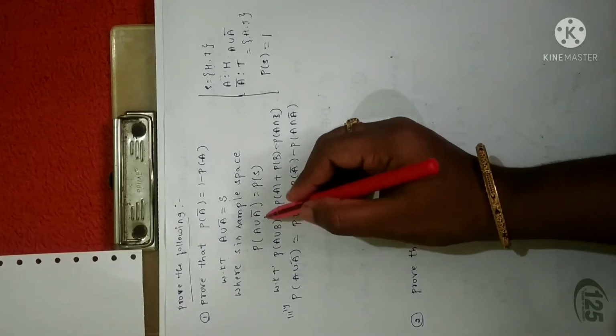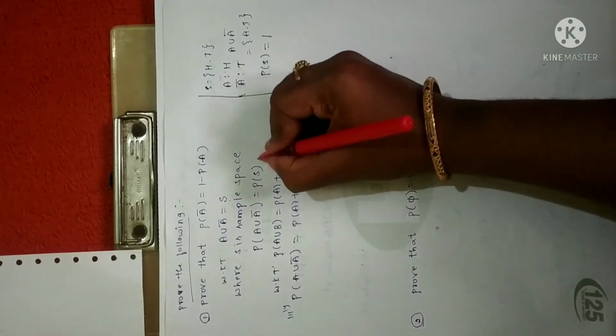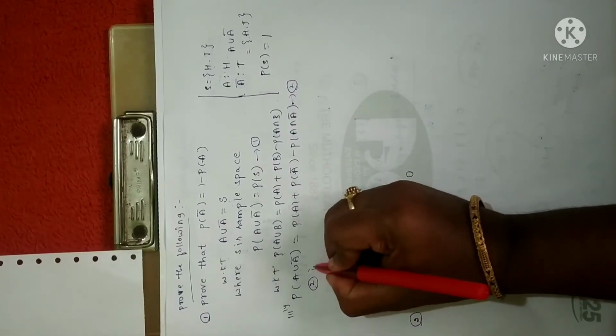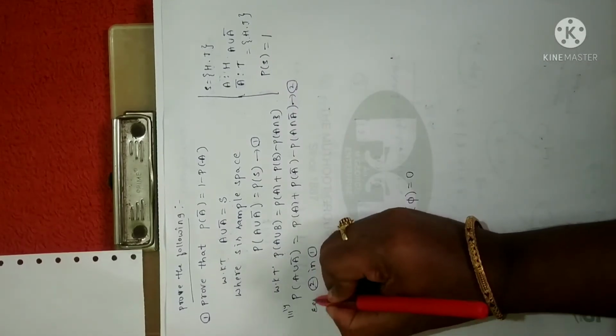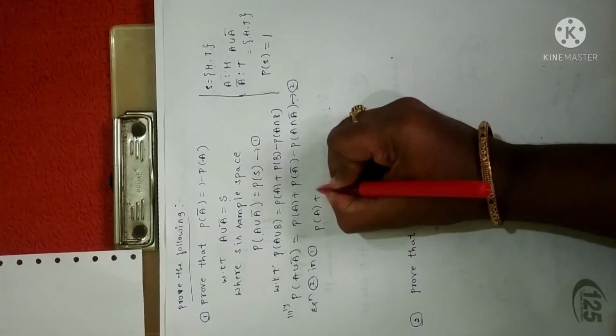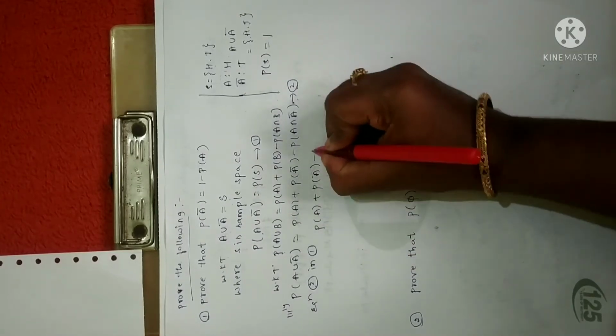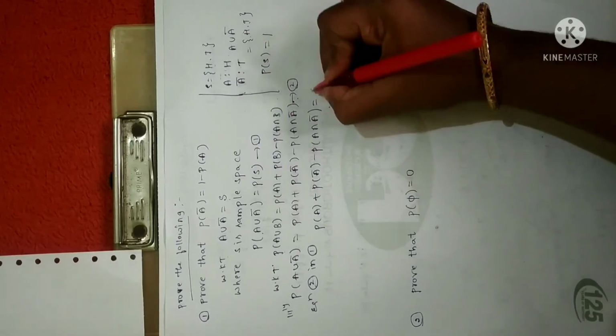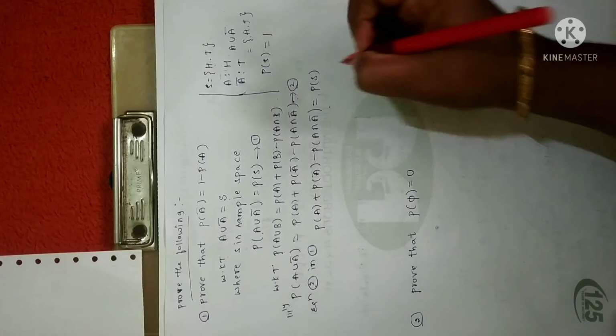Now I'll just substitute. Let me call this equation 1 and this equation 2. So substituting equation 2 in 1, the LHS will be probability of A plus probability of A bar minus probability of A intersection A bar is equal to probability of S. As I already told you, probability of S is 1.